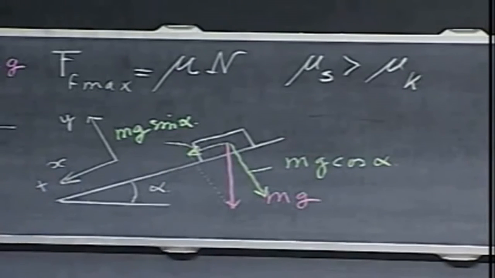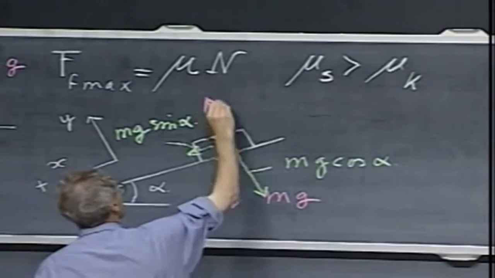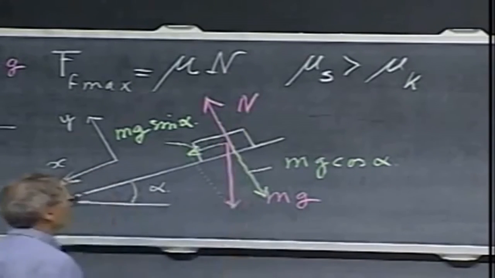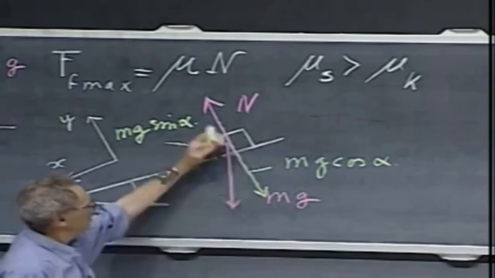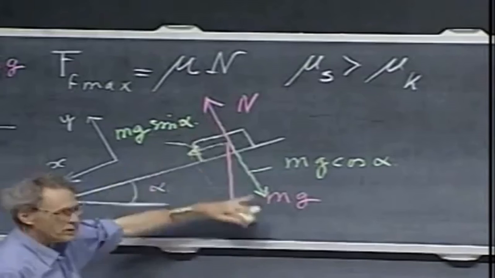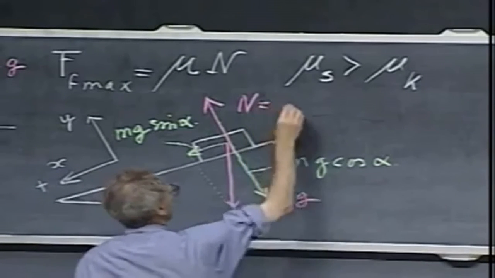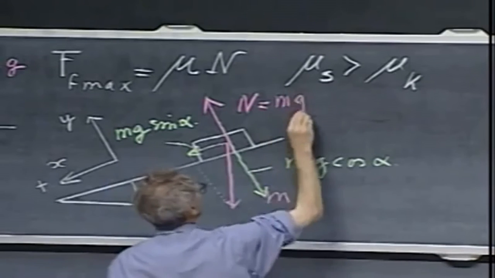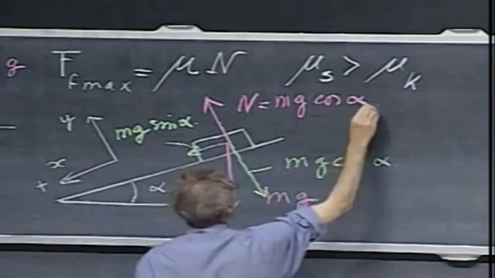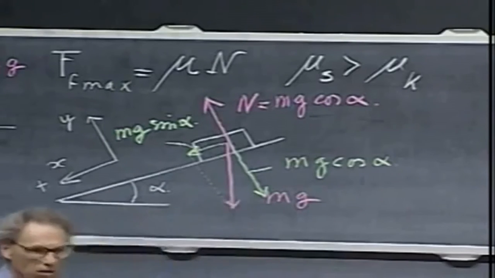There is no acceleration in the y direction, so I can be sure that the surface pushes back with a normal force n, and that normal force n must be exactly mg cosine alpha, because those are the only two forces in the y direction, and there is no acceleration in the y direction, so this one must be mg cosine alpha.